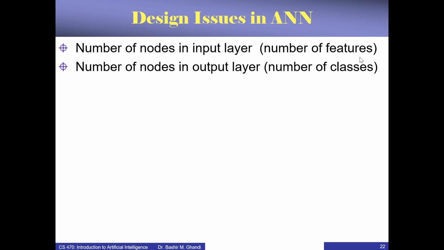What about the number of nodes that you're going to need in the output layer? Again, this depends on the number of classes you're going to need. Do you need just 2 classes?